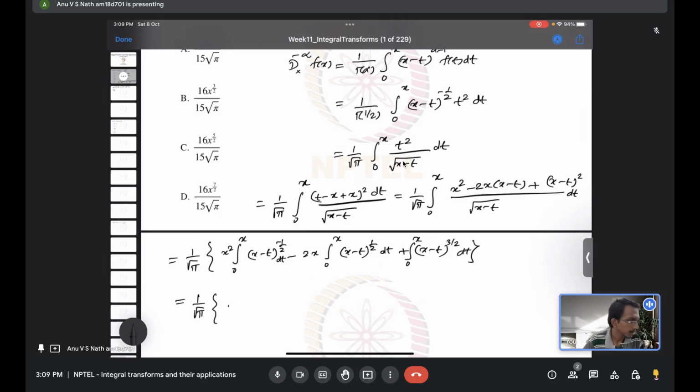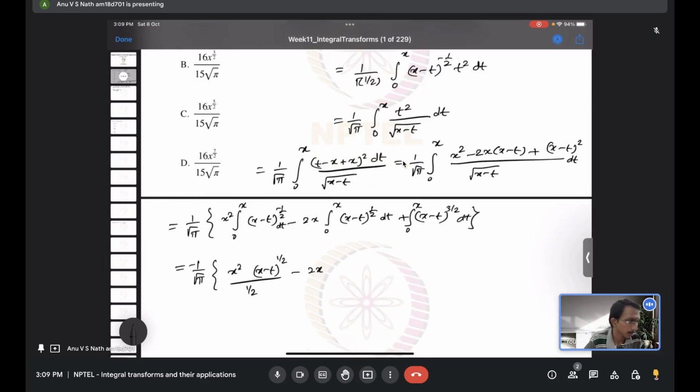So first of all, x square, the first integral is basically (x minus t) the whole raised to minus half plus 1 divided by minus half plus 1, just half divided by half. Note that because we are integrating with respect to t, we should have a negative sign along with that by change of variables, and the limit we need to apply, we will apply together for all the terms, which is from 0 to x.